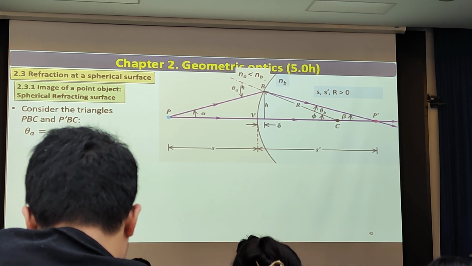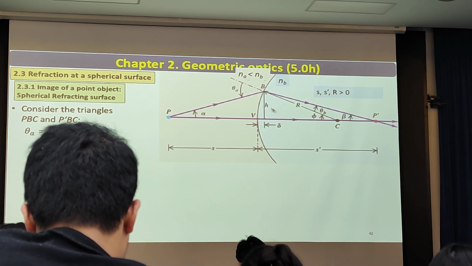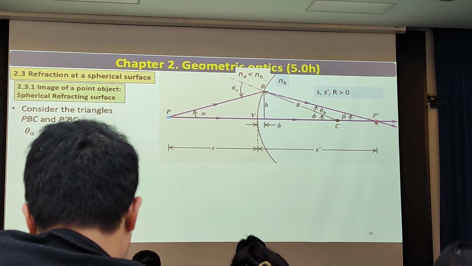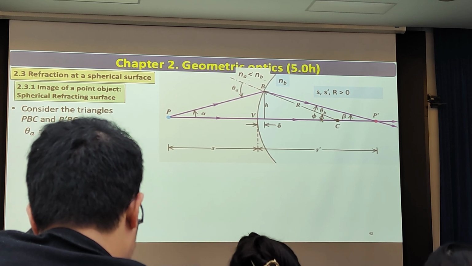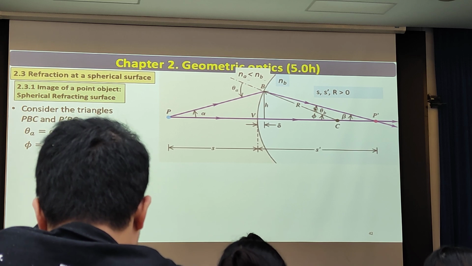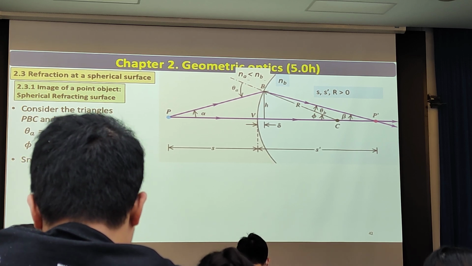So that's why this angle also is equal to the sum of these two other angles inside a triangle. Also, if we look at this triangle P prime BC, we have very similarly phi equal to beta plus theta B. Yes, so you apply these two relationships.